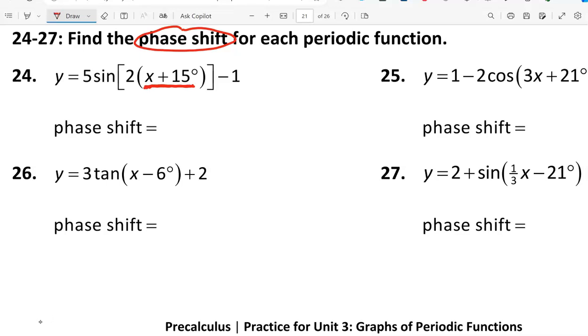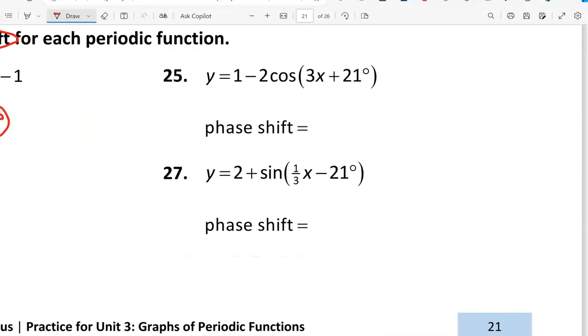So the phase shift is negative 15 degrees for number 24. For number 25, we must have the input for the cosine function factored before we can tell what the phase shift is. So factoring 3 times x plus 7, the phase shift is negative 7 degrees.